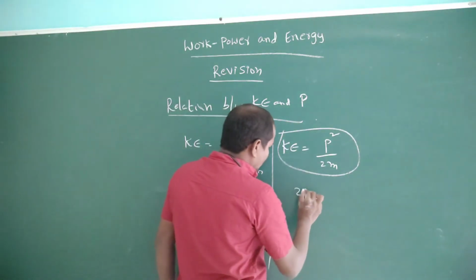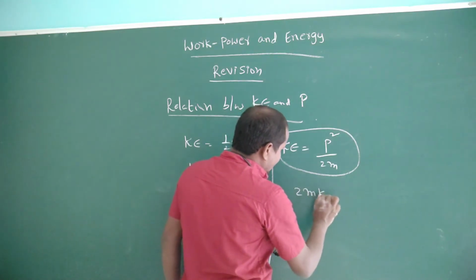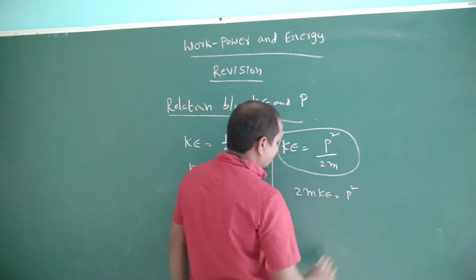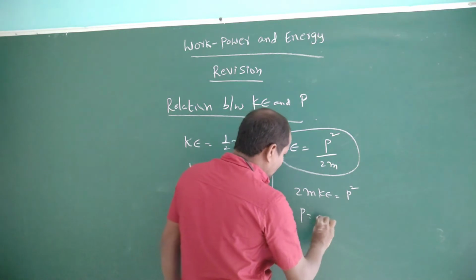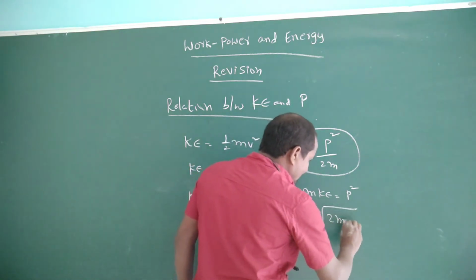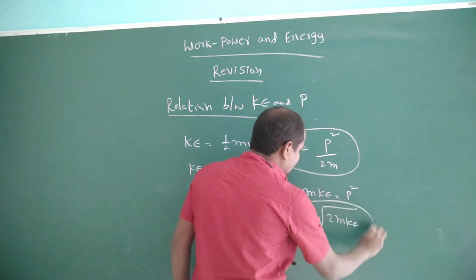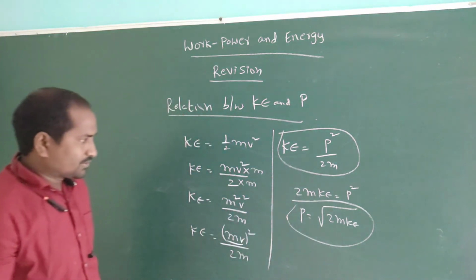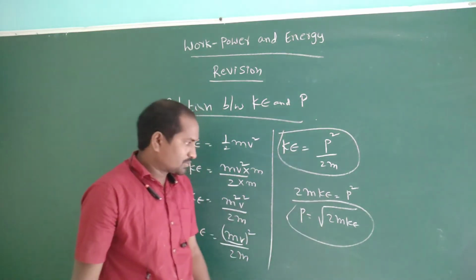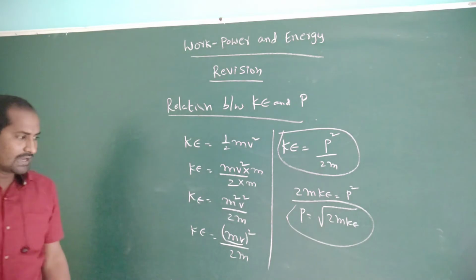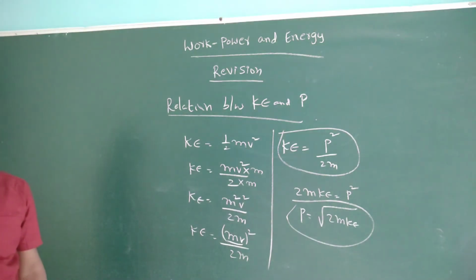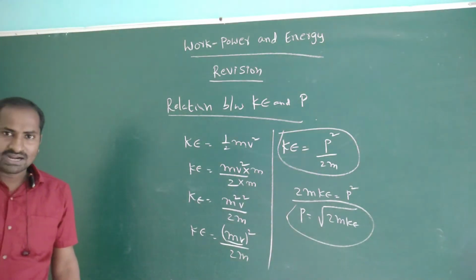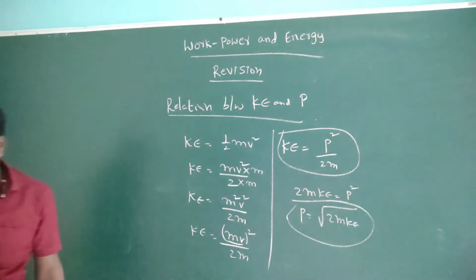Therefore 2 into m into K equals P square, and P equals root of 2mK. So K equals P square by 2m, or P equals root of 2mK. It is a relation between kinetic energy and momentum.